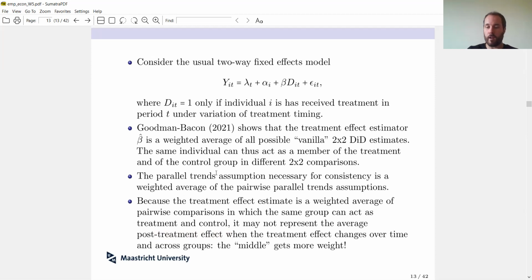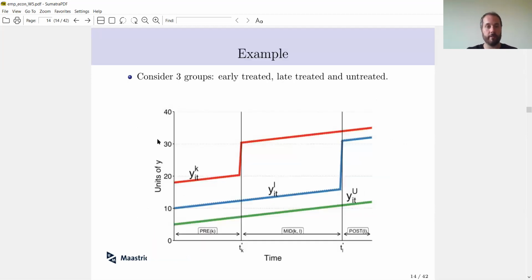Okay, so here's the example that Goodman-Bacon gives. We have 3 groups. First of all, we have this untreated group, that's the green line, that never receives treatment. Then we have the ones that get the treatment early, that's the red line, and those that get it late, the blue line. And we assume that the treatment has a positive effect, and actually it also has a different effect.